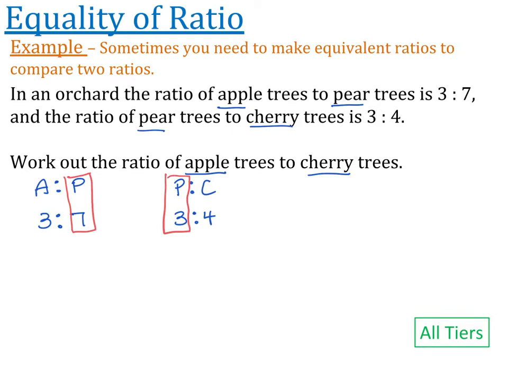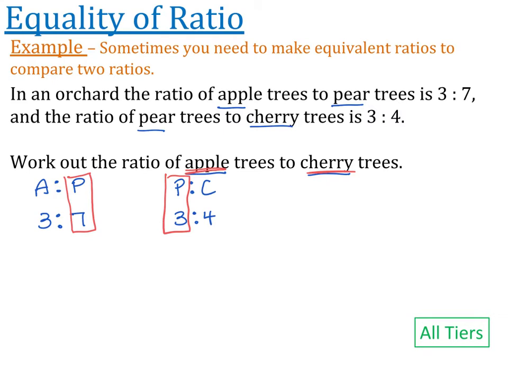In order for us to be able to compare the apples and the cherries, we need to make the letter P in both of these ratios into the same amount. So in the first ratio, it has 7 parts, and in the second ratio, it has 3 parts. So what we need to look for is what number do 3 and 7 have in common?